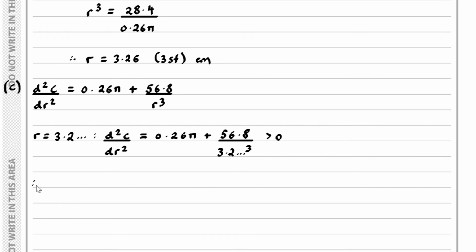And so, because the second derivative is greater than 0, we can therefore conclude that the cost is minimized.